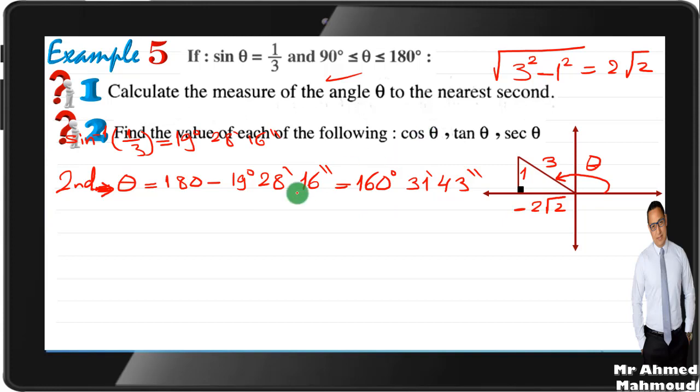Okay, now cosine theta, the second required. Cosine theta equals adjacent over hypotenuse, negative 2 root 2 over 3.